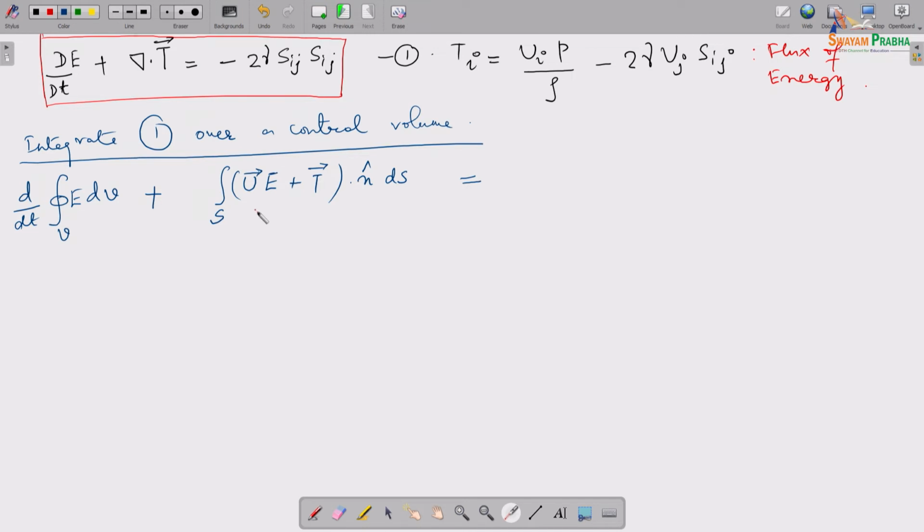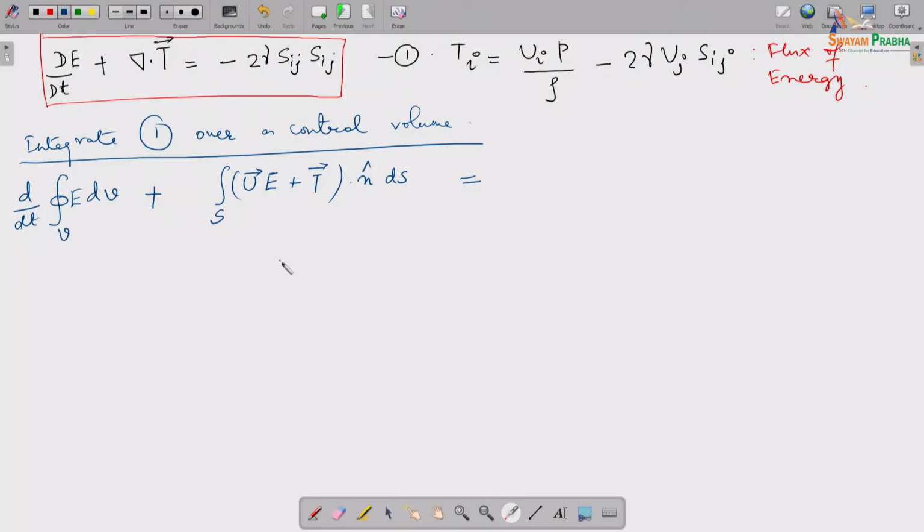There is actually flow happening across the surface, and so we take the energy transfer due to the flow across the boundaries, which could be into the control volume or out of it, right.